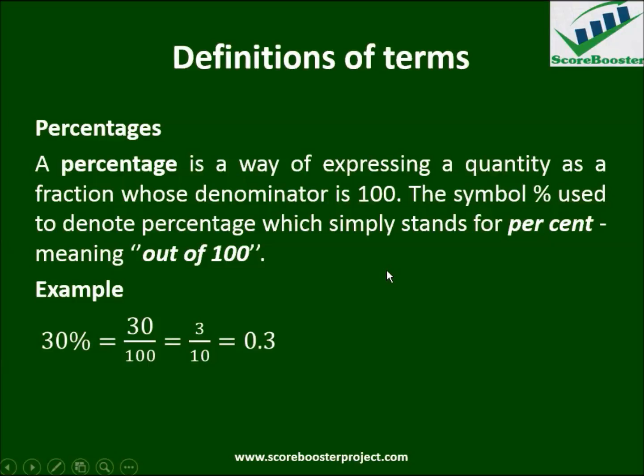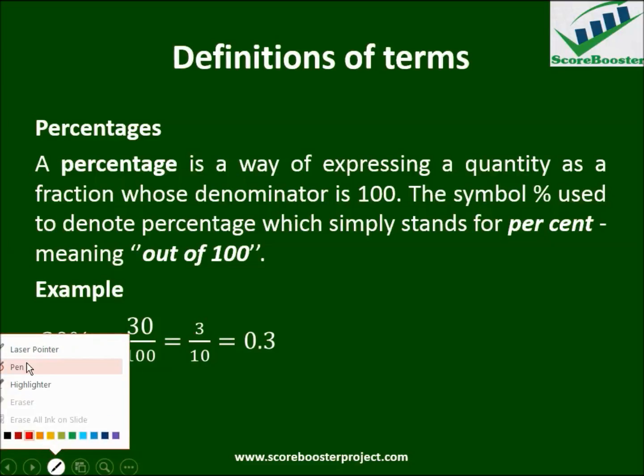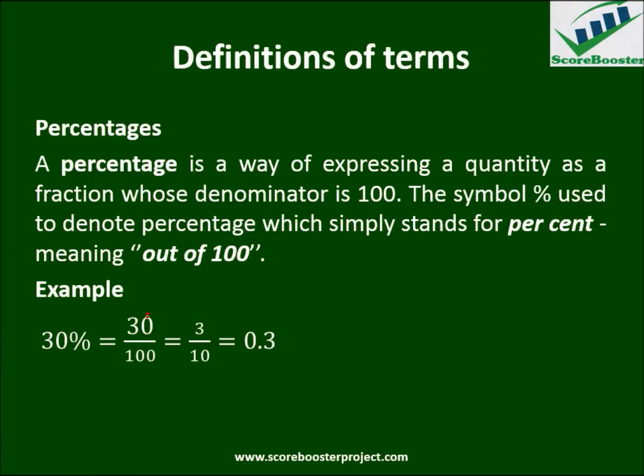So let's have an example to make the explanation clearer. 30% can simply be rewritten as 30 over 100, and with that the zeros will cancel out and you have 3 over 10, which is equal to 0.3.